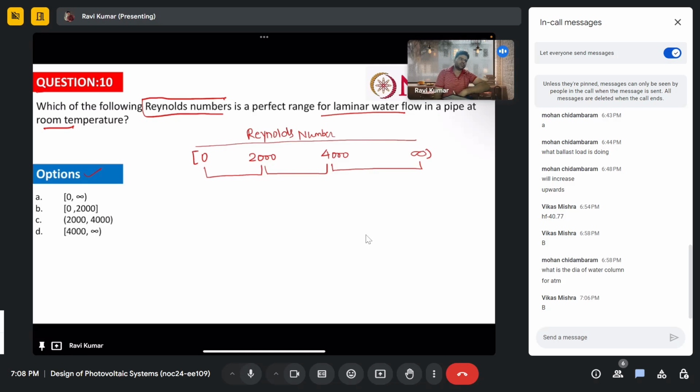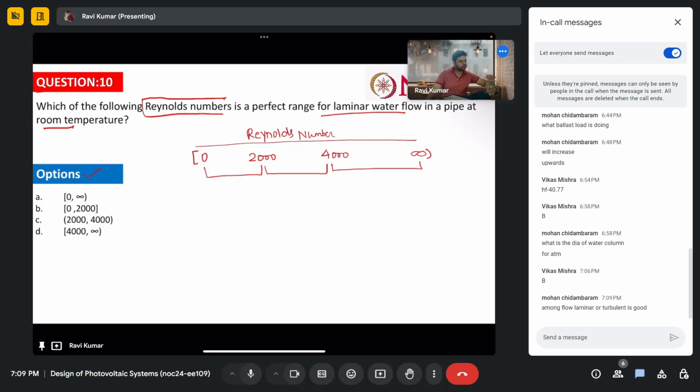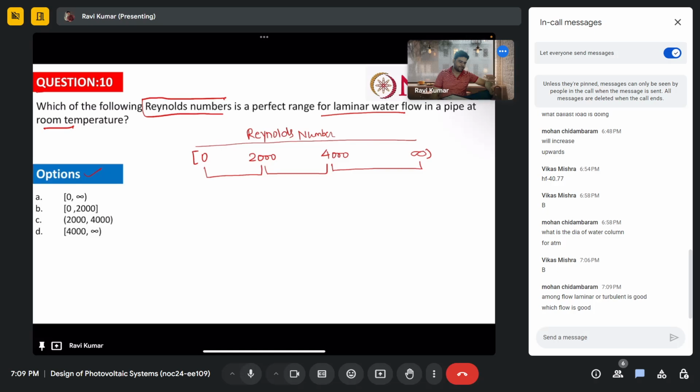With increase in the Reynolds number, how does the flow of water change? Among laminar or turbulent flow, which is visible? Which flow is good? Depends on your application.